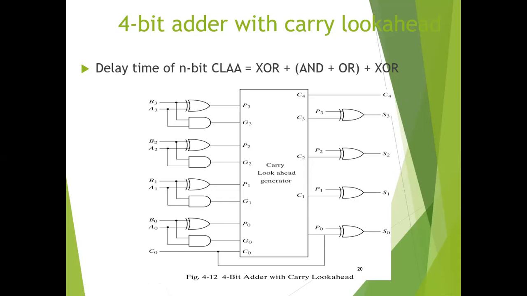The Boolean function for each output carry is expressed in sum of products form, and each function can be implemented with one level of AND gates followed by an OR gate.